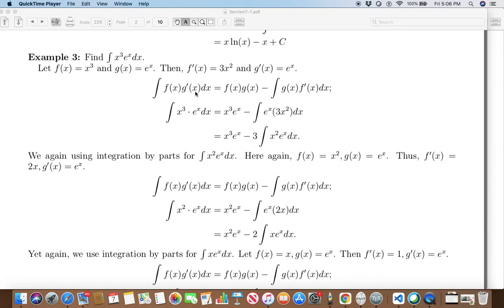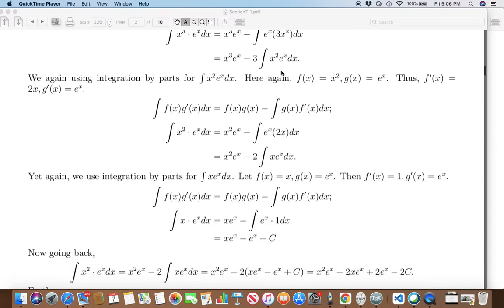Well, f g prime is x cubed e to the x dx, which is what your original question is. f(x) g(x), x cubed e to the x minus integral g f prime, 3x squared. Aha, so notice from x cubed you have reduced to x squared. I still need to find the integral of this.